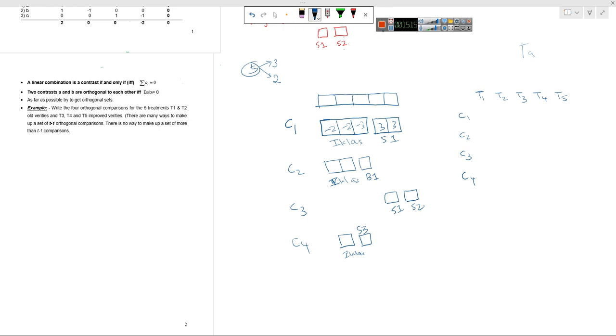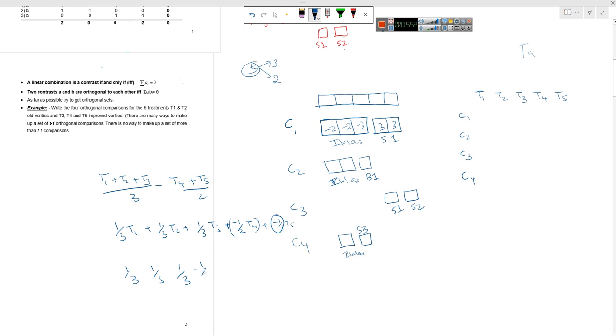So we are just comparing (T1 + T2 + T3)/3 minus (T4 + T5)/2. So the coefficients will be 1/3 T1 + 1/3 T2 + 1/3 T3 - 1/2 T4 - 1/2 T5. So the coefficients will be 1/3, 1/3, 1/3, -1/2, -1/2.